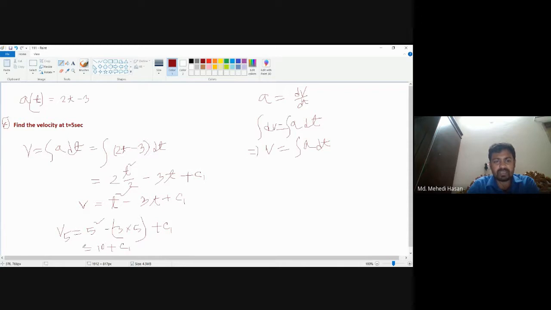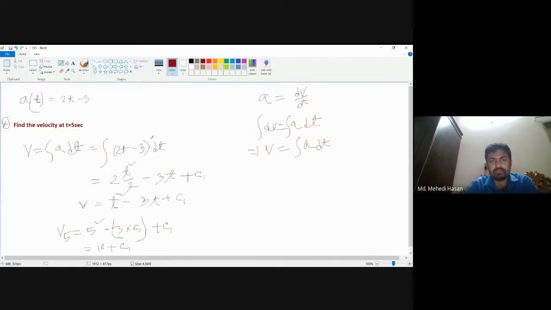So this is basically the velocity at 5 seconds. If the question is velocity at 2 seconds, then if you put t equal to 2 in that equation, we will get v2. And another thing is that this c1 is a constant. If the information is given about the constant, then you can find out the constant. If the information is not given, then just keep it like that, 10 plus c1. So this is the answer.